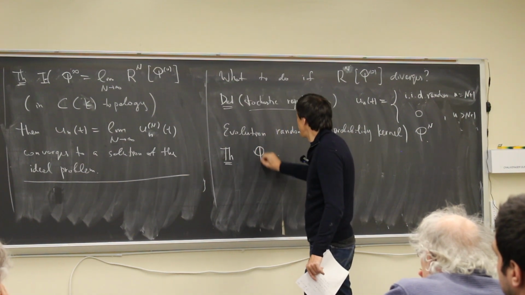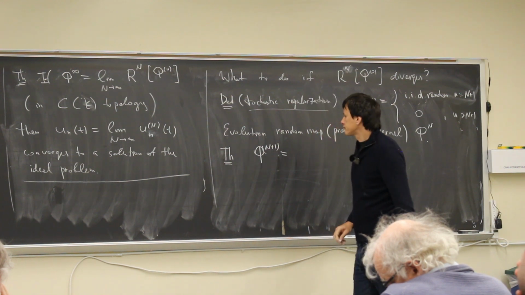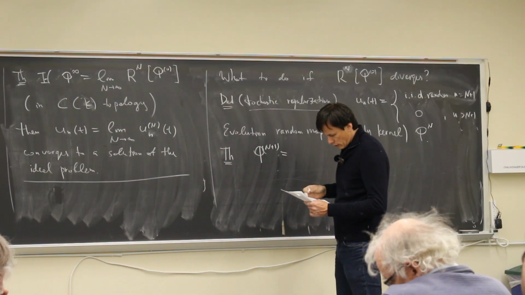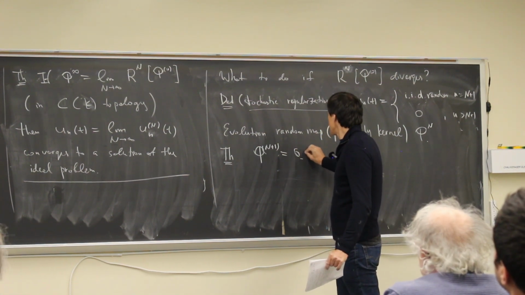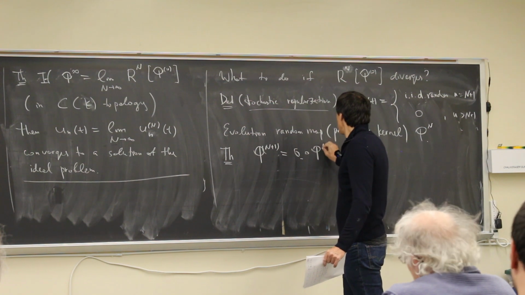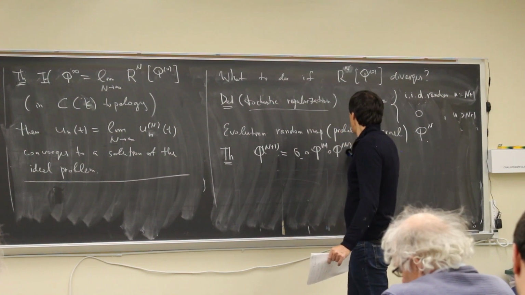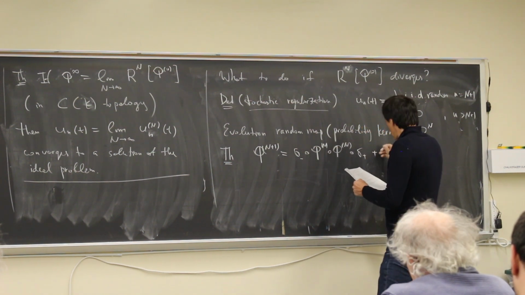So psi phi n plus 1 is, I will write with sigmas, sigma minus psi n, sigma plus.